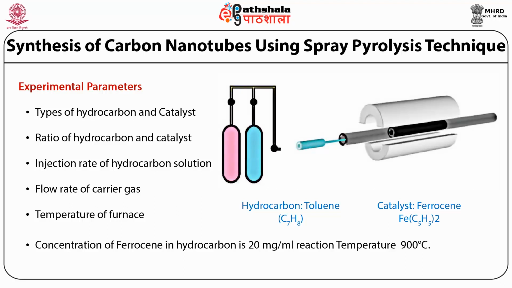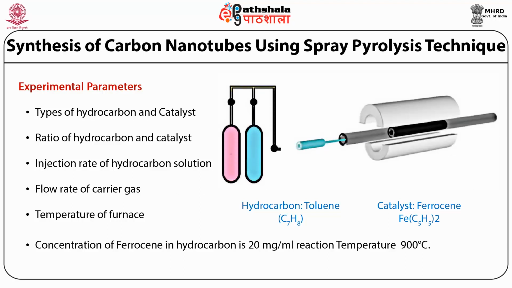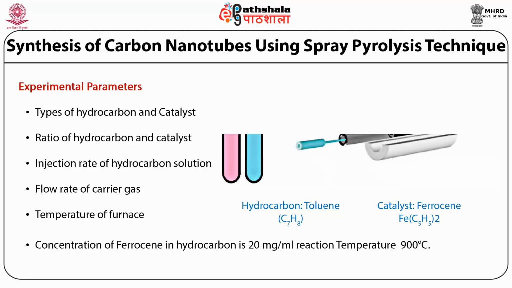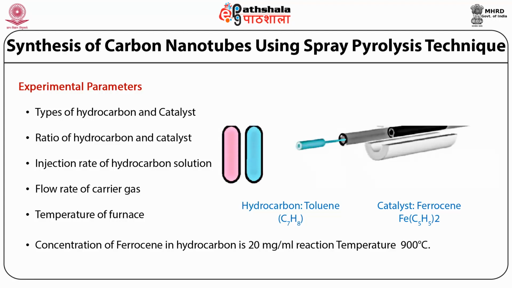By using a continuous spray pyrolysis method, we have synthesized macro scale hollow carbon cylinders up to a centimeter in diameter and several centimeters long, with walls ranging from 300 micrometer to 500 micrometer thick, consisting of micrometer length aligned multi-wall carbon nanotube.